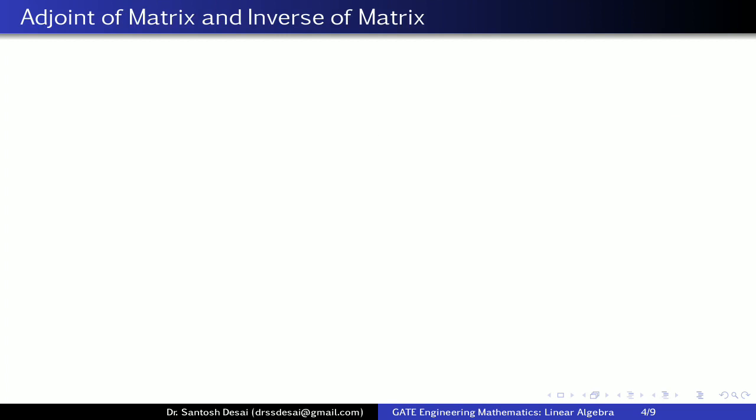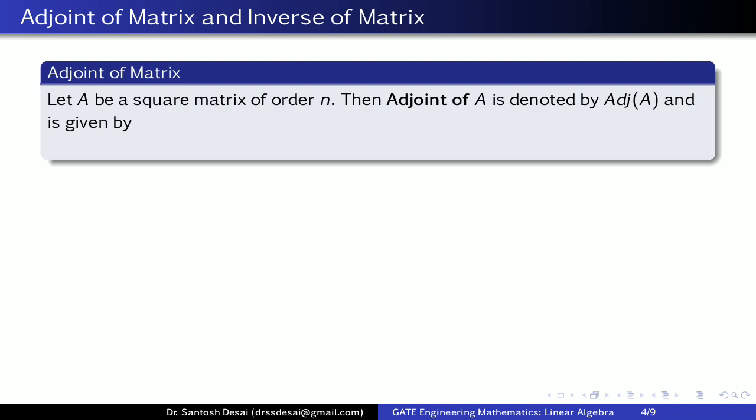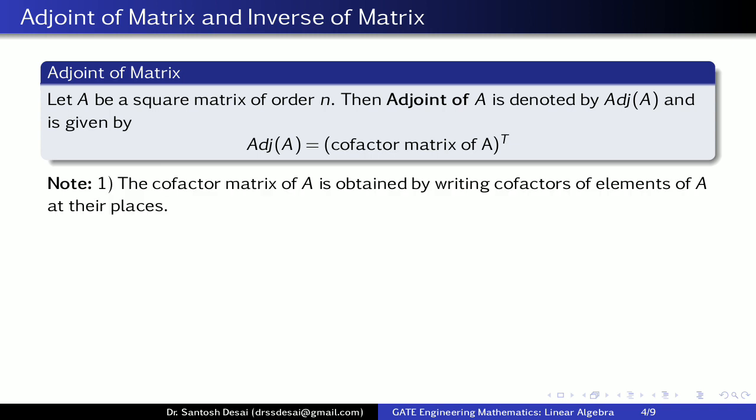Now we consider adjoint of matrix and inverse of matrix. Let A be a square matrix of order n, then adjoint of A is denoted by Adj A and is given by the transpose of the cofactor matrix of A. How do we find the cofactor matrix of A? The note answers this: the cofactor matrix of A is obtained by writing cofactors of elements of A at their places.